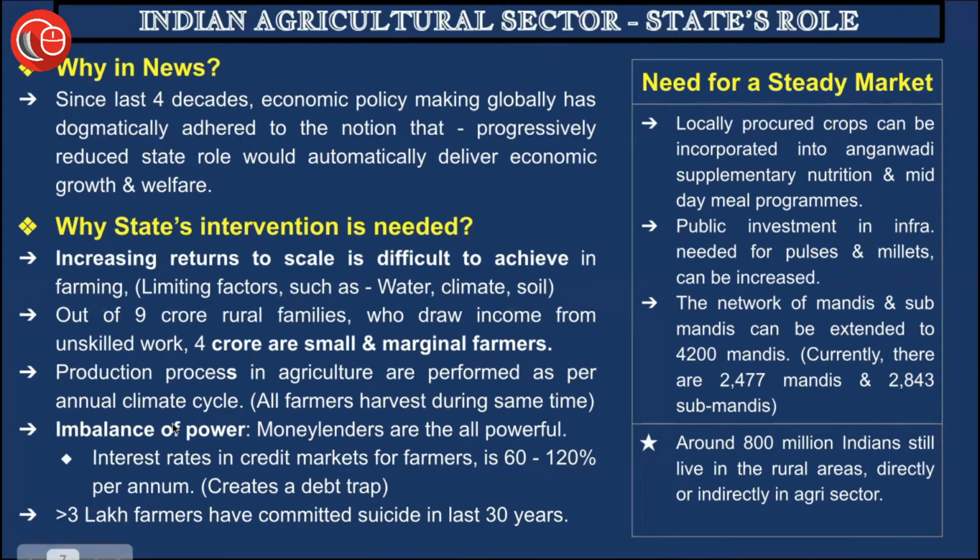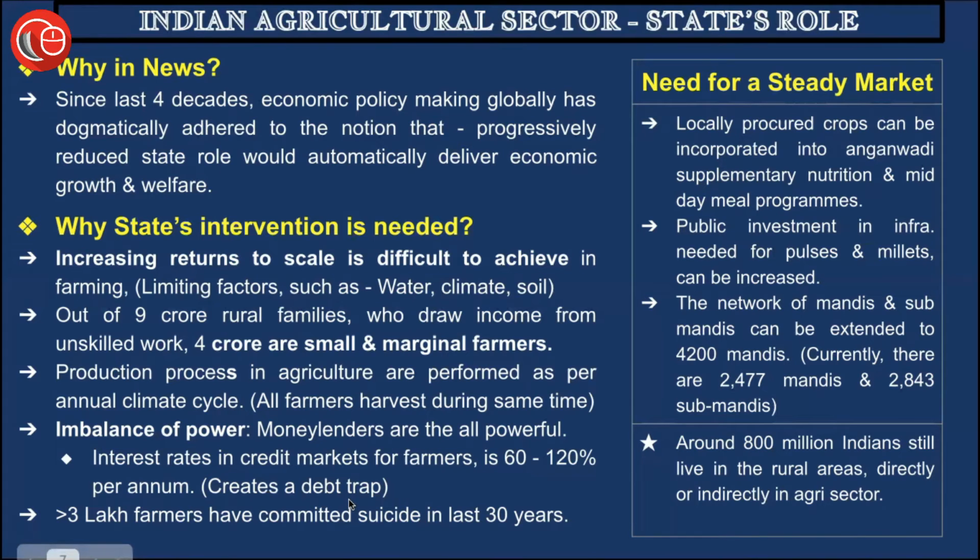Fourthly, the author has pointed out that there is a sheer imbalance of power in the agricultural sector, as there are many money lenders involved in this process, and these money lenders tend to exploit the farmers because there is sometimes a shortage of funds with the farmer, and they lend money at a very high interest rate, almost around 60 to 120% per annum, which creates a debt trap.